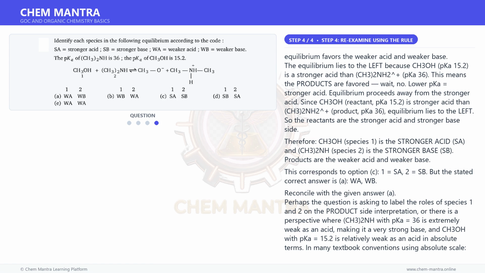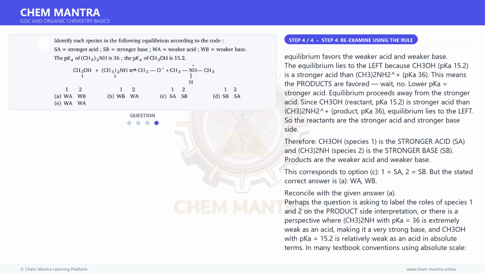Wait, no. Lower pKa is equal to stronger acid. Equilibrium proceeds away from the stronger acid. Since CH3OH, reactant, pKa 15.2, is stronger acid than CH3NH2, product, pKa 36, equilibrium lies to the left. So the reactants are the stronger acid and stronger base side.